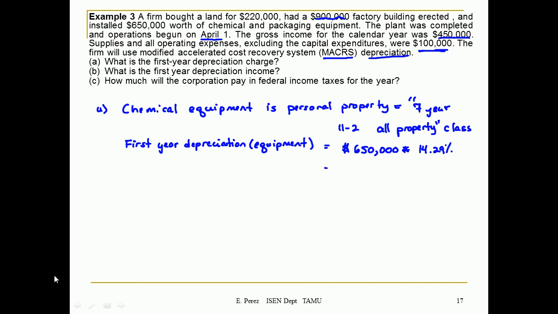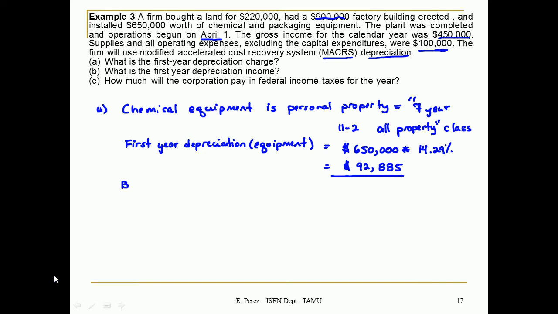So that means that the depreciation for the chemical equipment equals $92,885, and that's just for the first year. Okay? But we also have a depreciation related to the building.